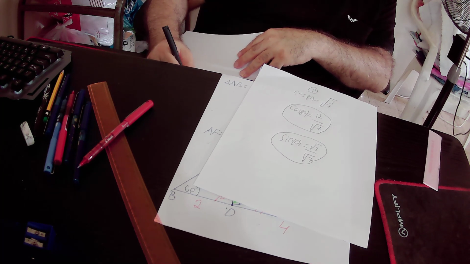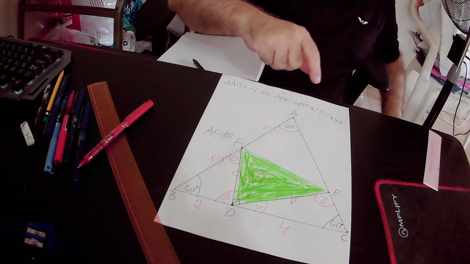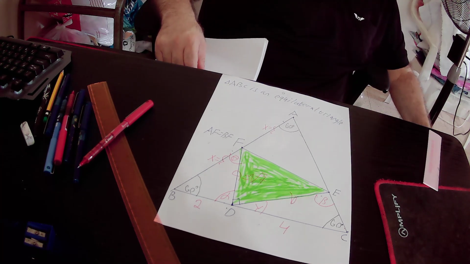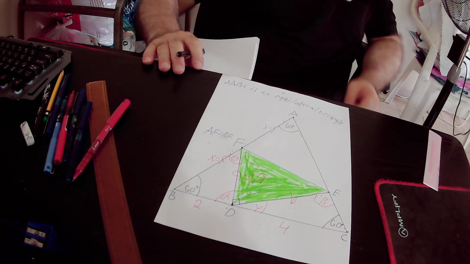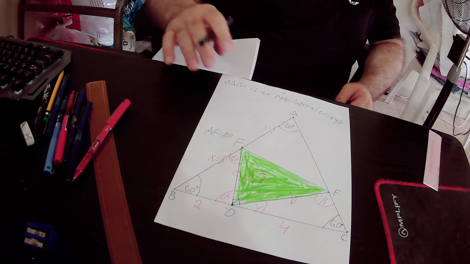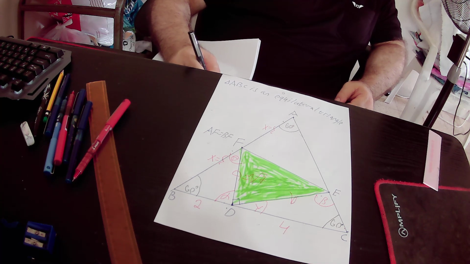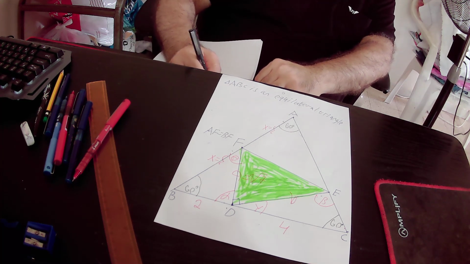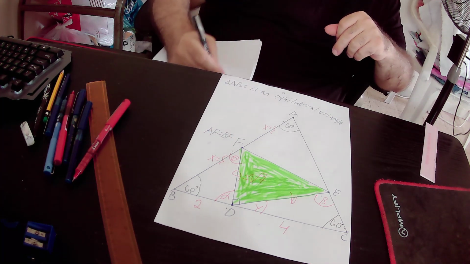In the next step, we will create 4 equations from this drawing. In the first equation, we will focus on triangle FBD. In triangle FBD, the sum of the angles equals 180 degrees.